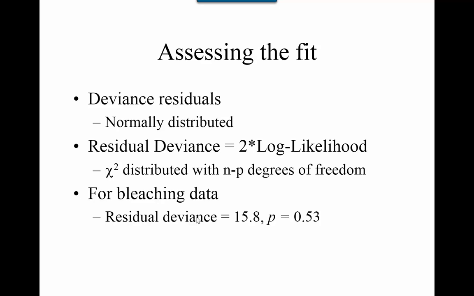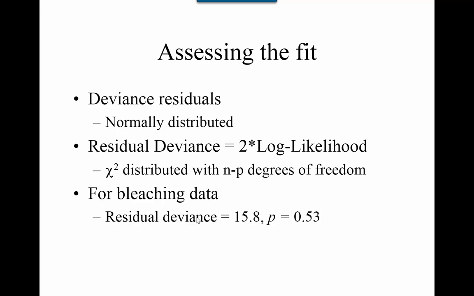The residual deviance, that's that number that's left over, again it's 2 times the log likelihood, should be chi-square distributed with n minus p degrees of freedom. So n being the sample size, p being the number of parameters. So if we look at that value for our bleaching model, the residual deviance was 16.